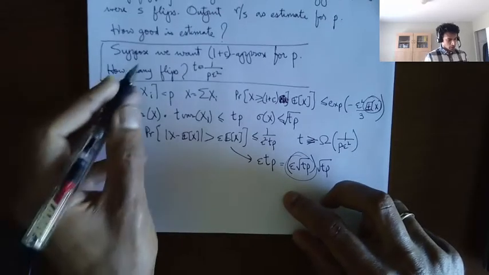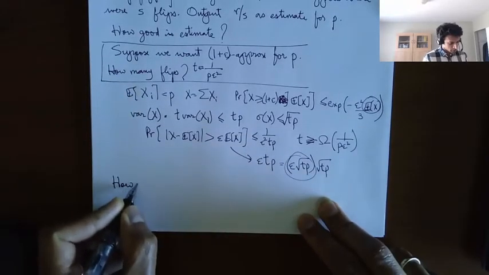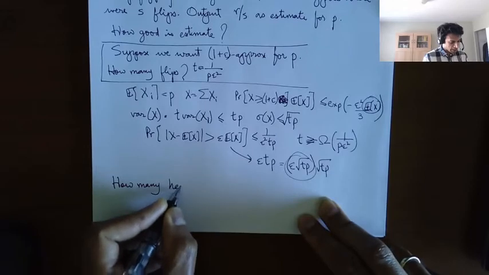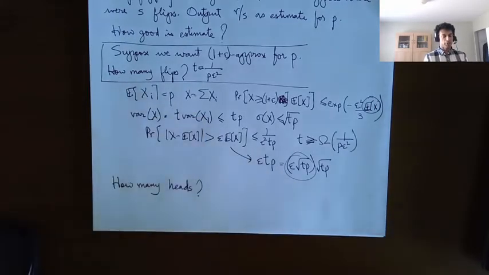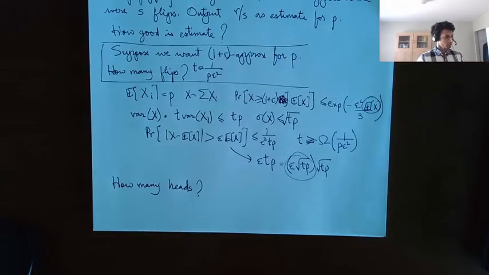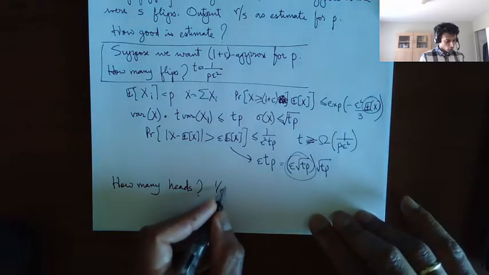But if you did that many flips, then how many heads are you going to see? So what is the expression? 1 over epsilon squared. Exactly.